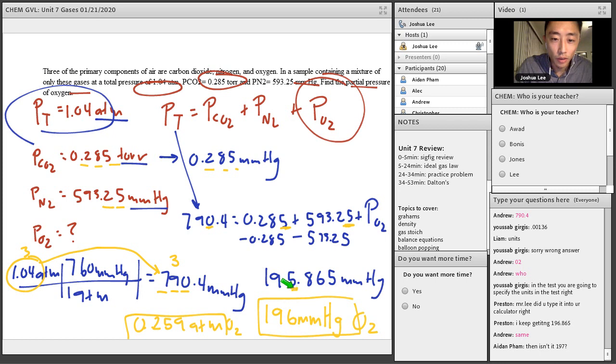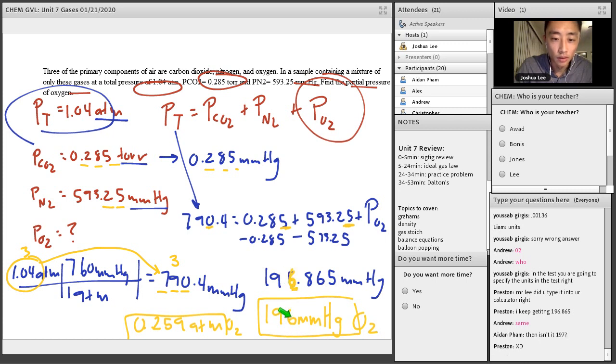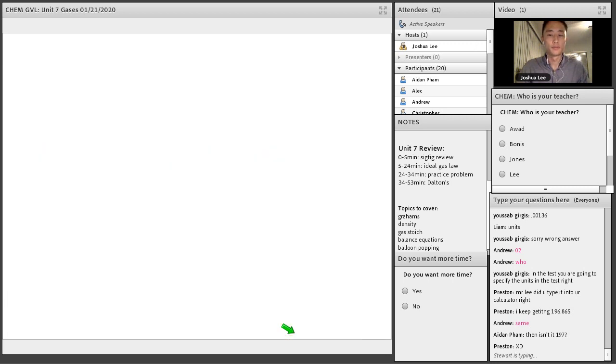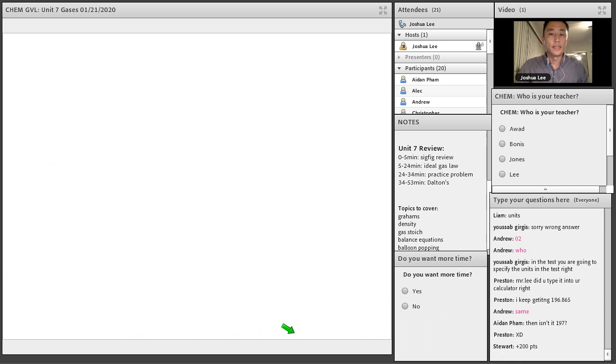Good job. Everyone else just blindly followed. A plus for Aiden. And Preston. So it is 197. You're right. All right, so Graham's law, plus 200 points, indeed.